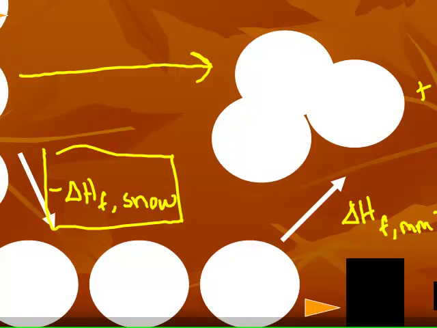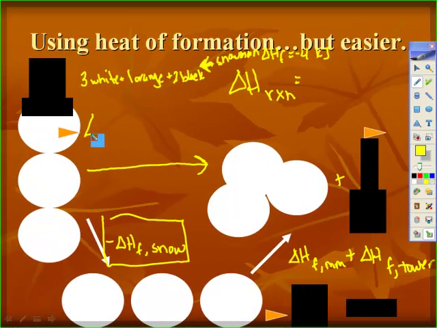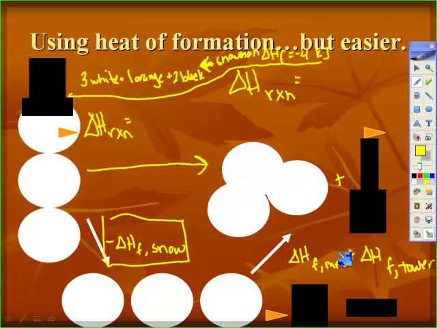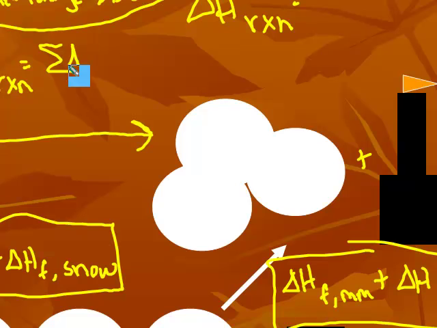So in your summation equation, if you were going to do the delta H of the reaction, you do the products. If you were to add all of these up together, you'd have the positive delta H's, and then you'd have negative delta H for your snowman, just like you would do if you wrote the equation yourself. So that's why for your products, it's positive. That's why your delta H of your products comes first, because those delta H values should be exactly the way they're written in your table.